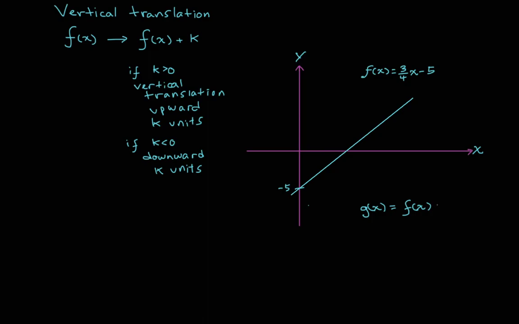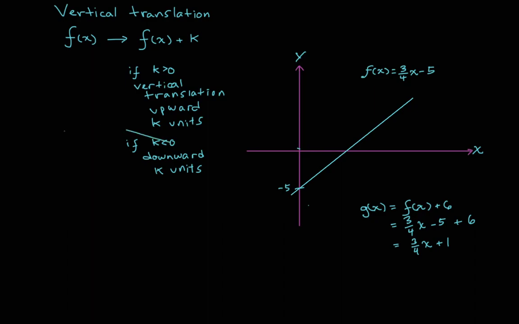Let's make our k value 6. All right, so if we were to write that out in terms of our original function, we'd have 3/4 x minus 5 and then plus 6, right? So now we have 3/4 x minus 5 plus 6, that's plus 1. All right, so that's our new function.